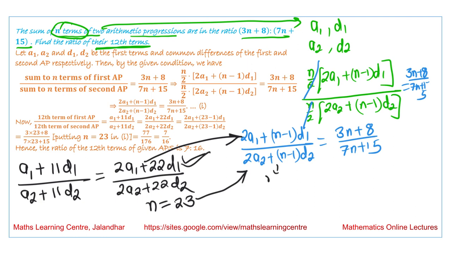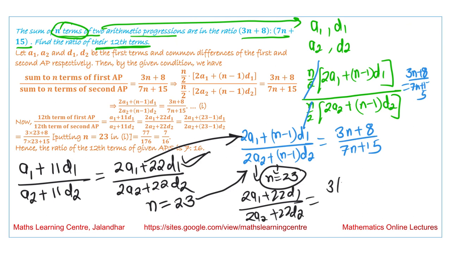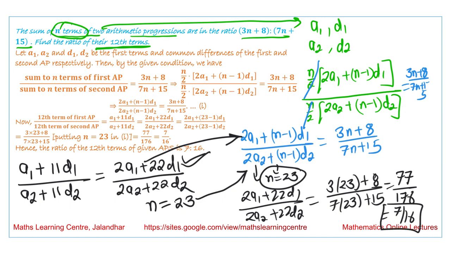So if we substitute n equal to 23 over here, what we get is 2a1 plus 22 d1 by 2a2 plus 22 d2, which is equal to 3 into 23 plus 8 divided by 7 into 23 plus 15, that is equal to 77 by 176, and that is equal to 7 by 16. So this is the required ratio of the 12th terms.